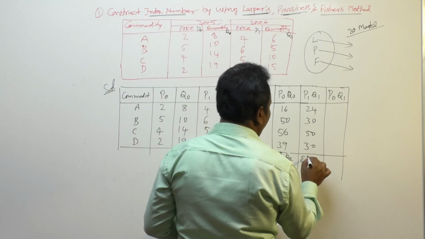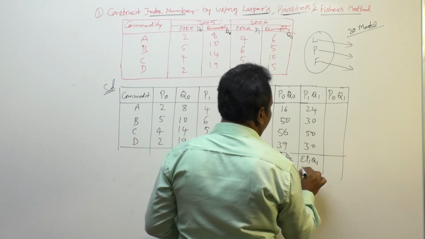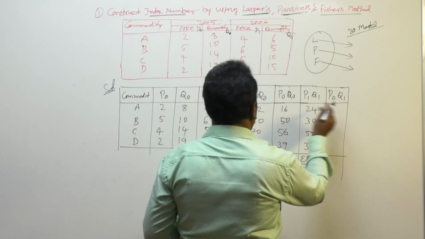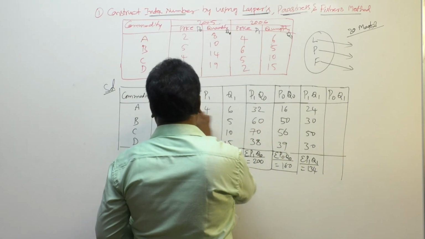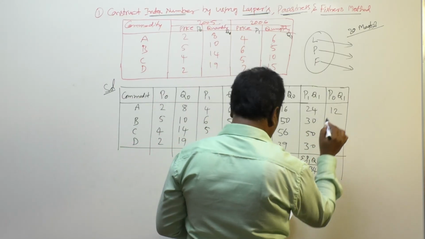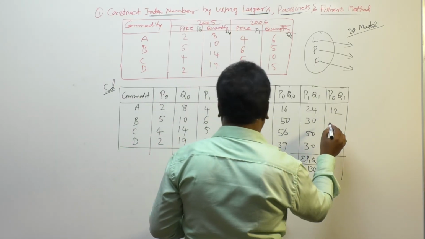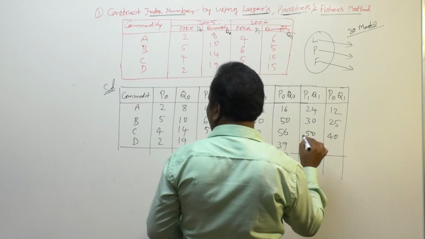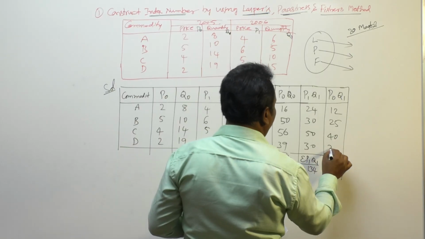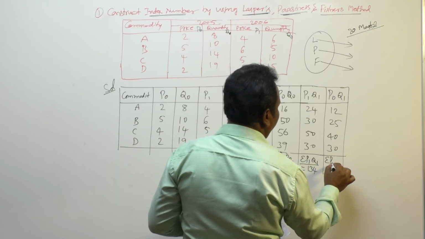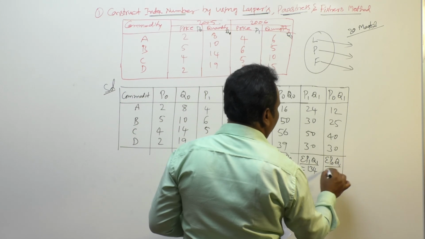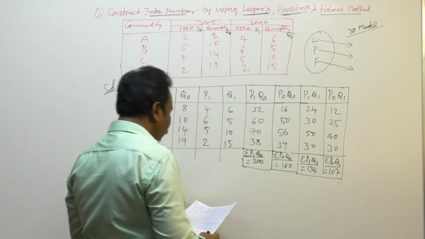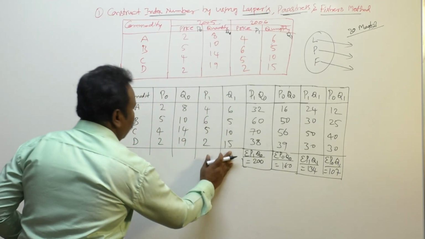So the summation of P1 Q1 equals 134. Then P0 Q1: 2 into 6 is 12, 5 into 5 is 25, 4 into 10 is 40, 2 into 15 is 30. So the summation of P0 Q1 equals 107. This calculation part is required.